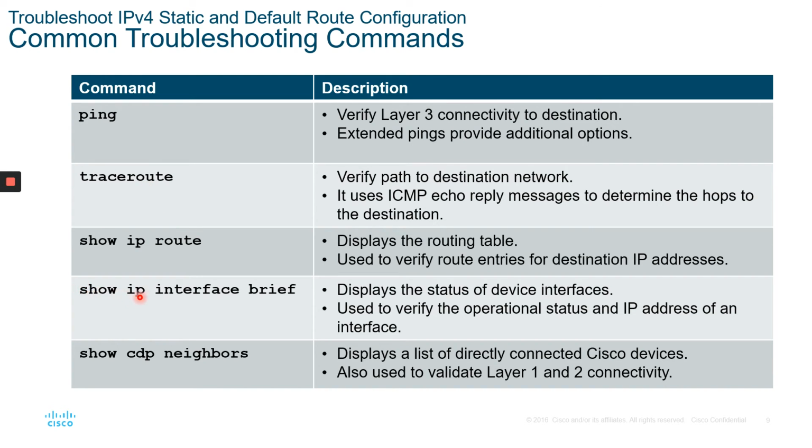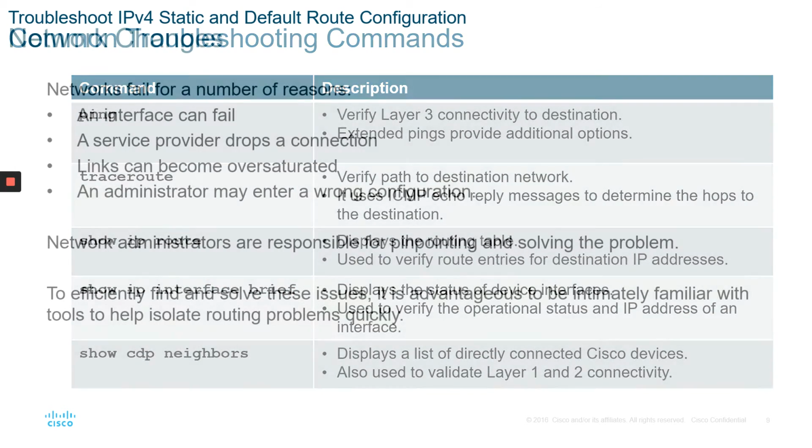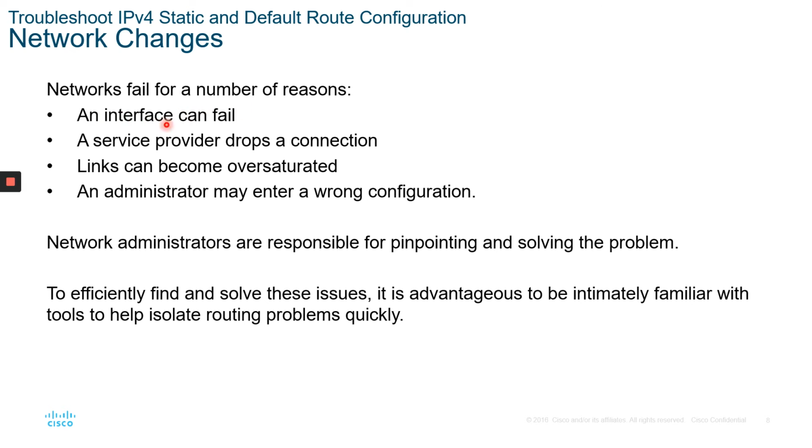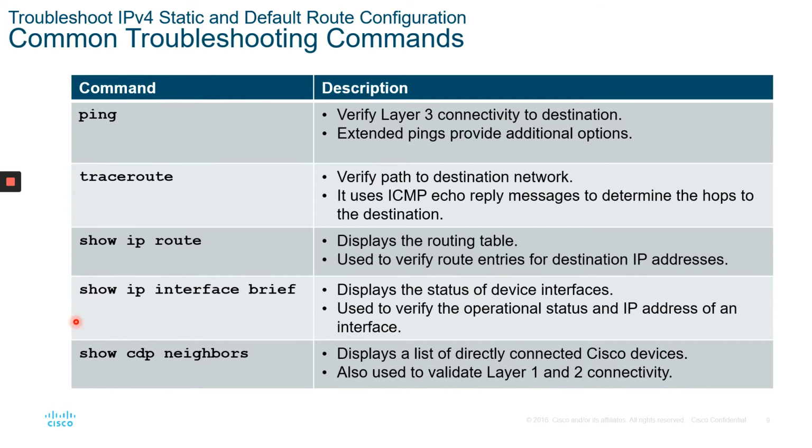Then you've got something called show ip interface brief. This command will help you with your first issue, which is that an interface can fail. If there's an issue with interface failure, you can check it with the show ip interface brief command. This will give you a table with a list of all the interfaces on that particular device.